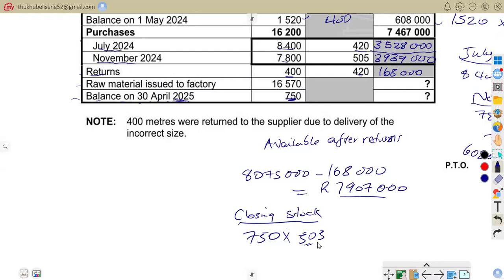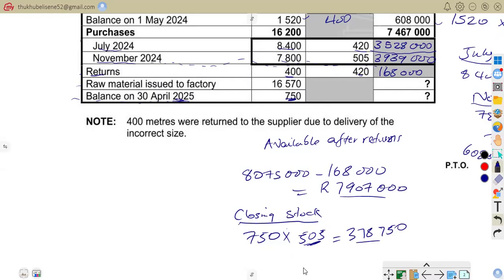This 505 comes from our latest purchase, before the returns. So this will give us 378,750.